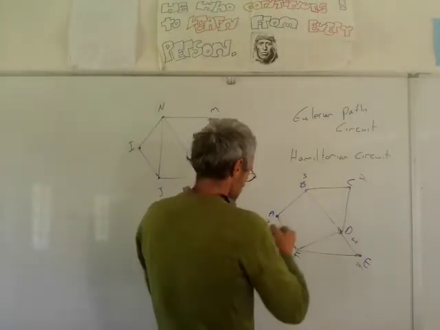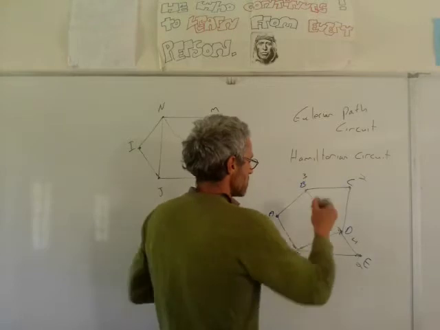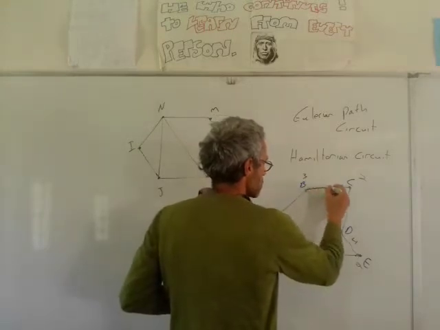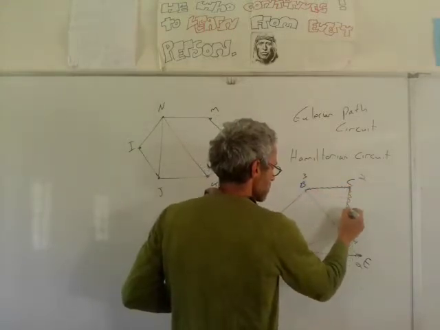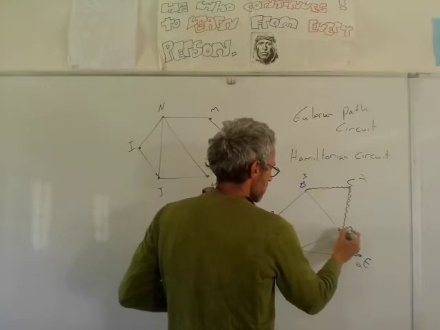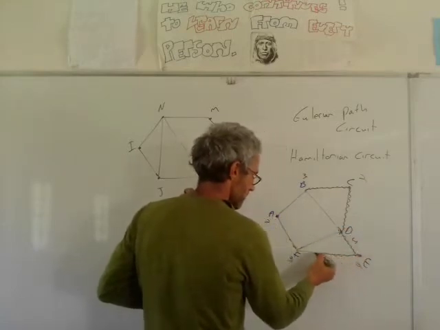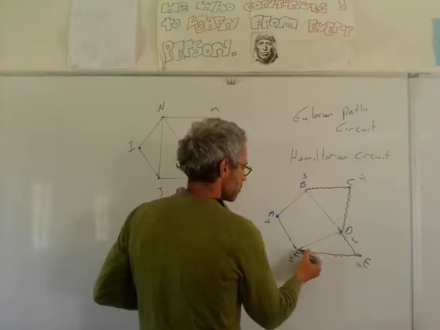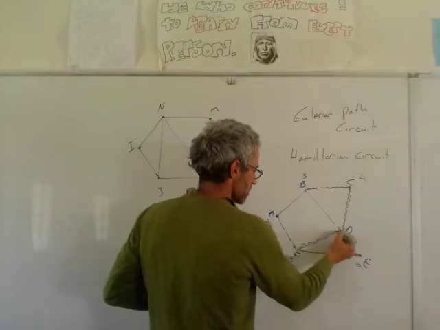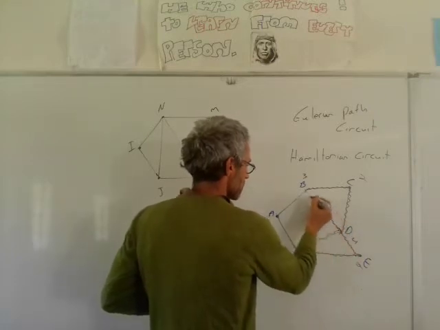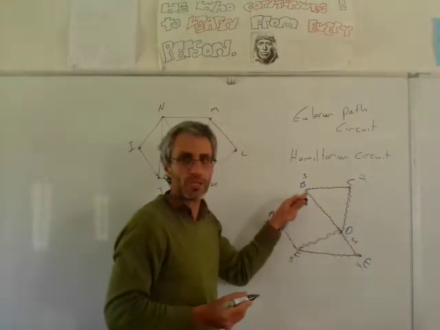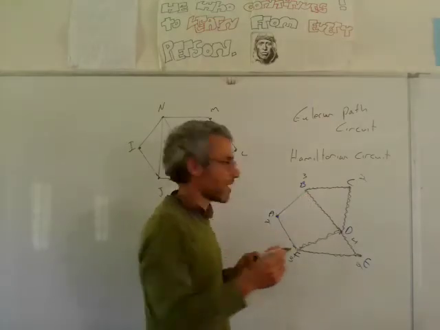Let's say I'm going from B, I'm going to go to C, to D, to E, to F, to D, to B, back to B. I can go back to B as long as I don't go on the same edge.